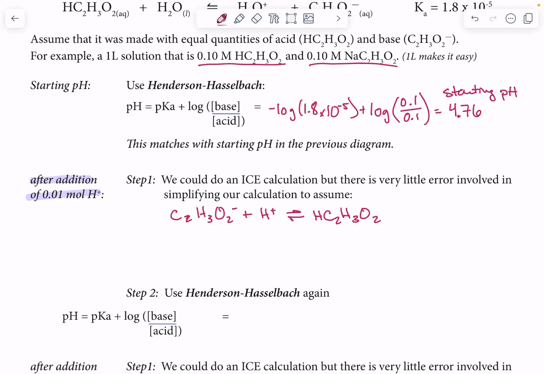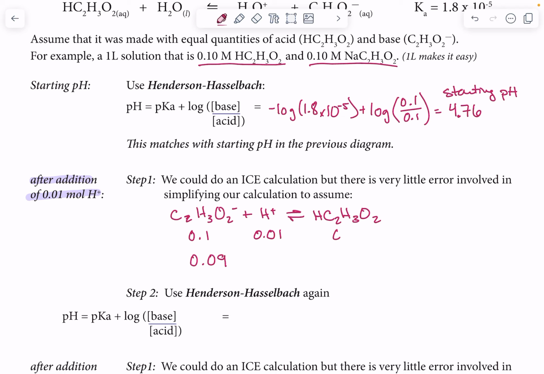Okay, so when we think about how this is going to happen stoichiometrically, we're starting with 0.1 moles here. So if we add 0.01 moles of acid, that's going to decrease our conjugate base to 0.09.